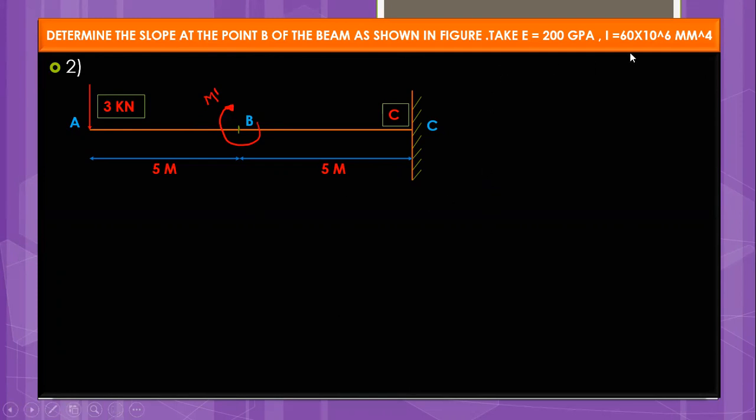Take E equal to 200 GPa and I equal to 60 into 10 raised to 6 mm raised to 4. In this problem also, we don't need to calculate the support reaction because it is also a cantilever beam. In this problem, there will be 2 sections.